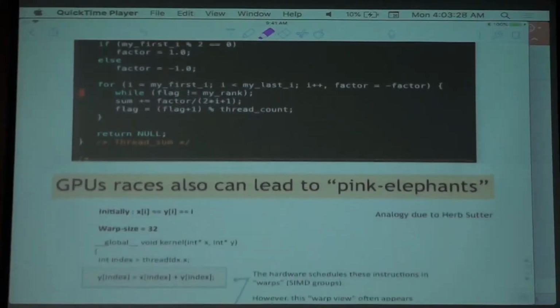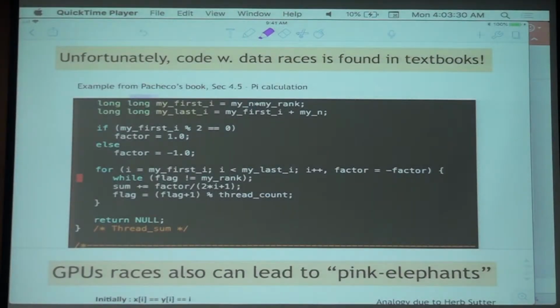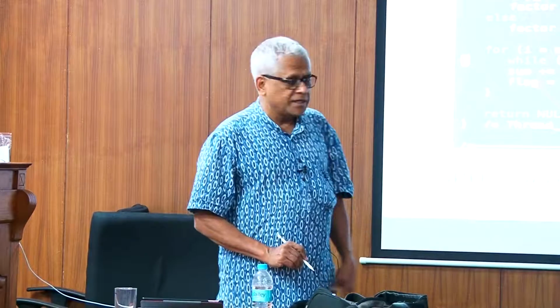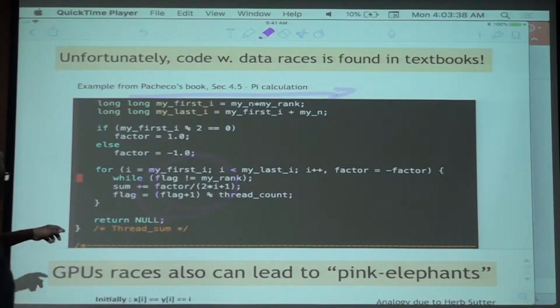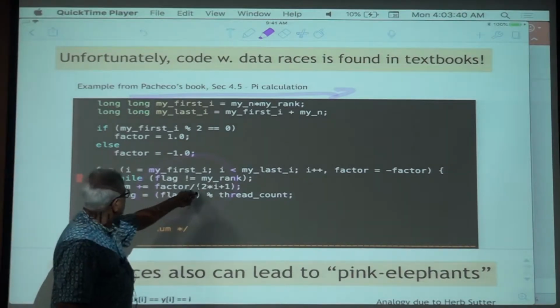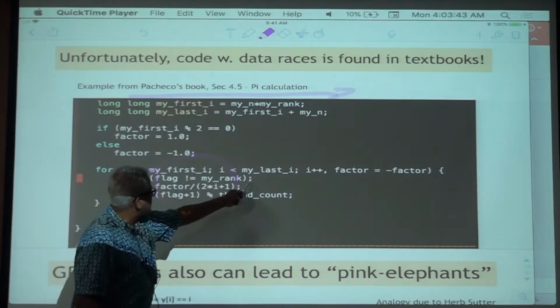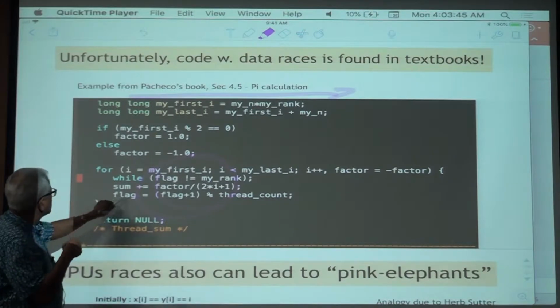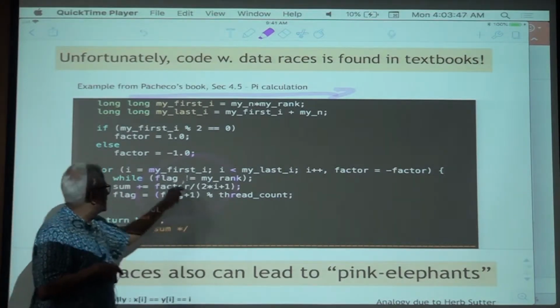So how do you detect it? This is actual textbook code. Professor Pacheco's books are great, but he still has an old-fashioned use of a racing construct. Don't write this code. While my flag is not equal to my rank, busy wait, and another thread is going to set the flag and release this busy wait.